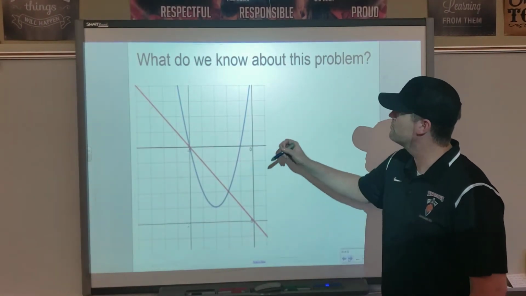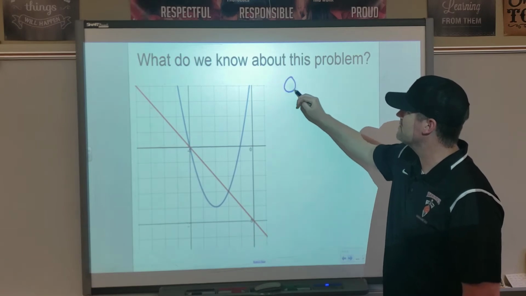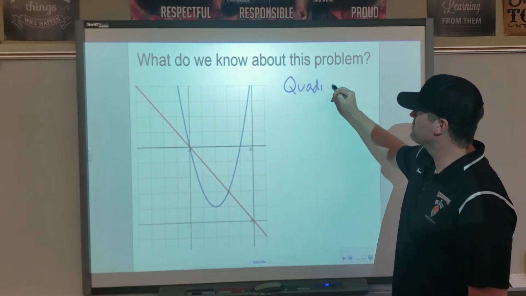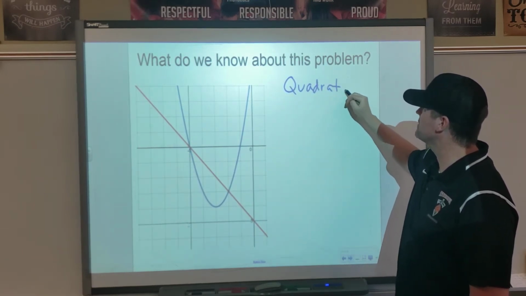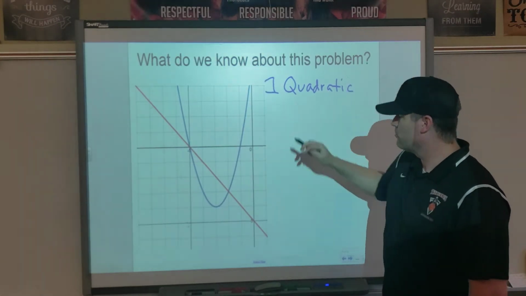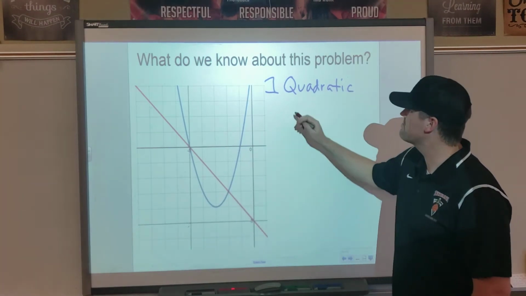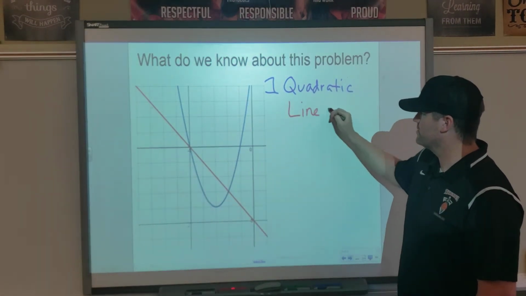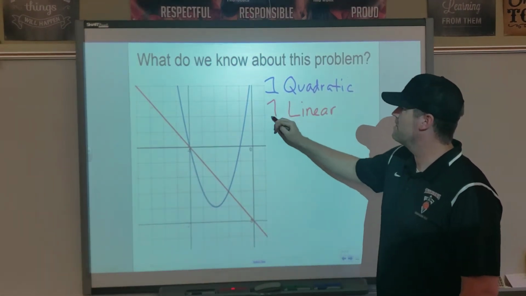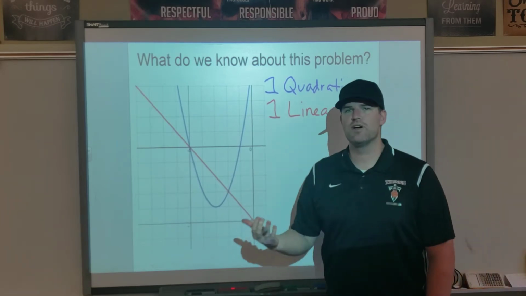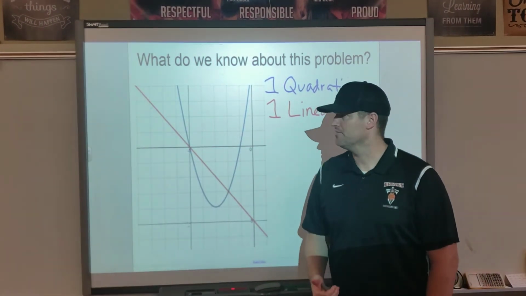Well, the blue one we know is a quadratic. So we have one quadratic. And then what type of equation is the red one? Well, the red one's a straight line, so that is a linear equation. So this system of equations is made up of one quadratic and one linear.